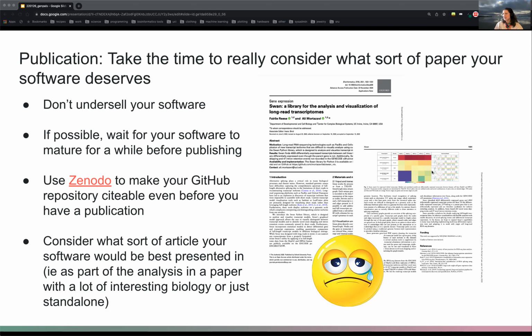And to be honest, since I haven't written a paper like that, I don't really have a great grasp of what sort of stories they tell using software, but that's probably how I'd go about it, is be more detailed.